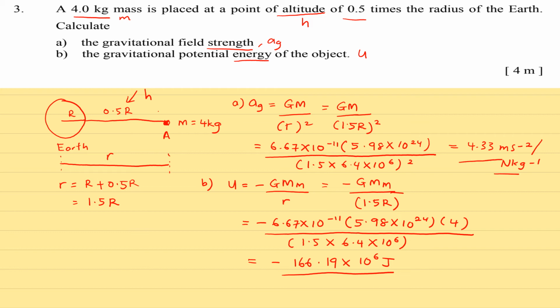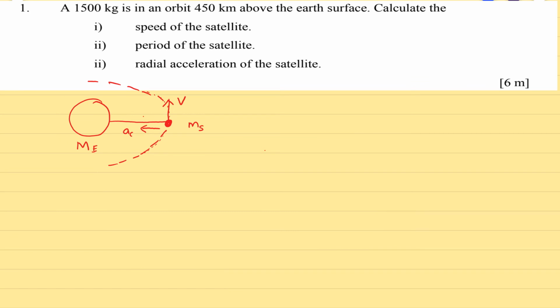Okay, this is the answer for acceleration. Remember class, negative is always put negative sign. Okay, next question. A 1500 kilogram satellite, so this is mass, is in orbit, so the dotted line is the orbit, 450 kilometer above, so this is altitude.